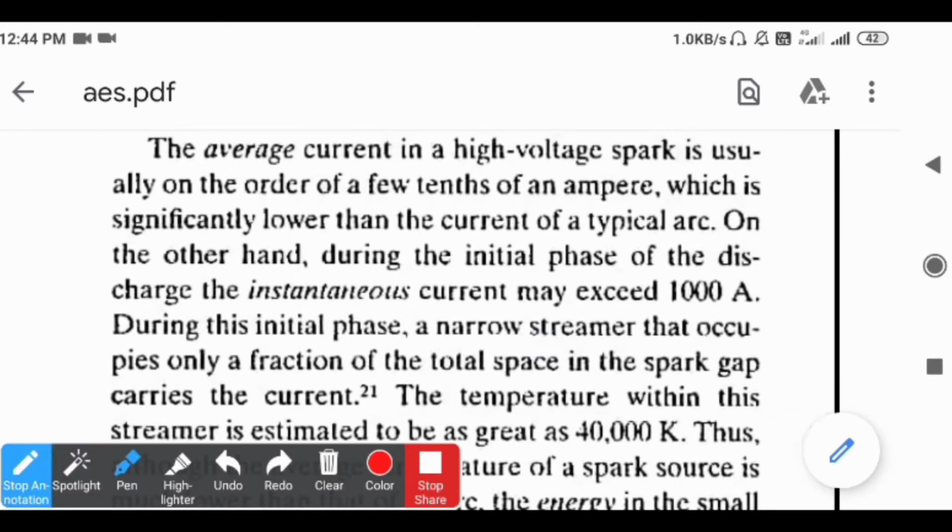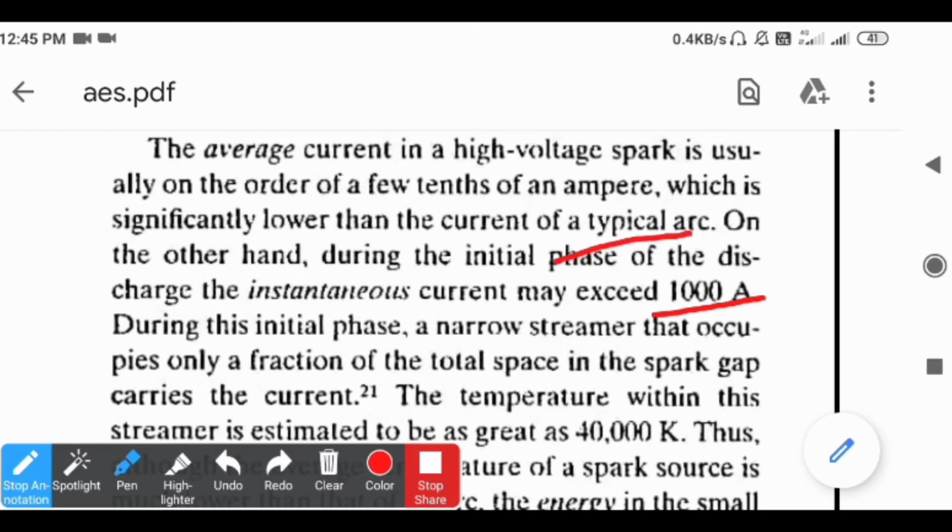Next, the average current in the high voltage spark sources is around 1000 ampere. This current is not for the whole duration of analysis, it is obtained only for a shorter period, and the average current is lower than that of the typical arc sources.